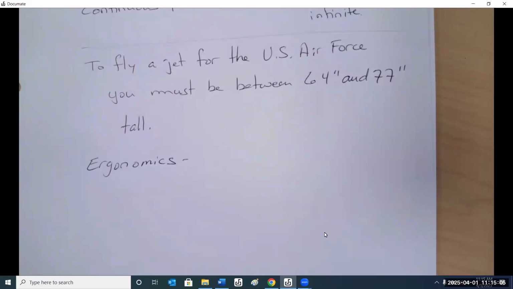A Disney requirement for someone who wants to be employed as Tinkerbell: it has to be between 58 and 62 inches tall, because you have to be able to fit in those uniforms. Radio City Music Hall, the Rockette dancers must be female and heights between 66 and 70.5 inches tall.